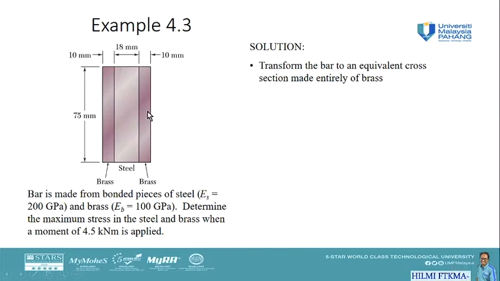So the solution: in order to find the maximum stress in the steel and also in the brass, first, this is a composite material, so we need to transform this bar into one equivalent cross section made entirely of brass. Why do we choose brass? Because the modulus of the brass is smaller than that of the steel.